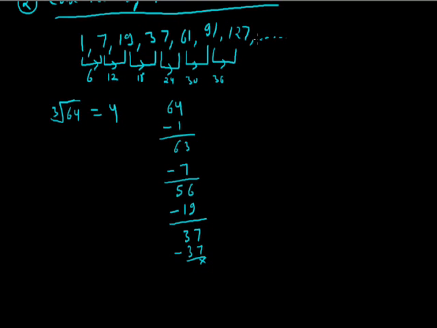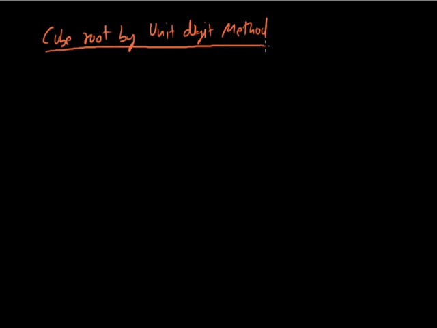And the next method that we discuss is the cube root by unit digit method. So in this method, let's say we remember the one table, we have to make the one table.